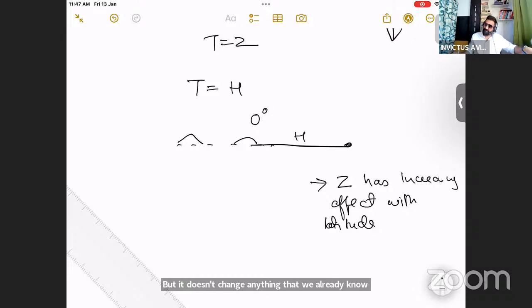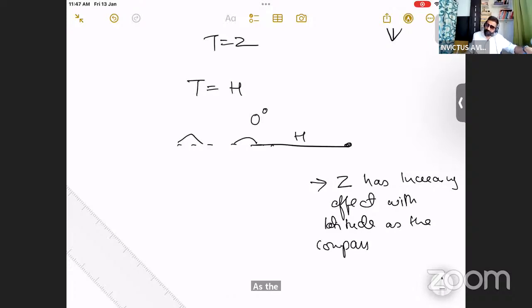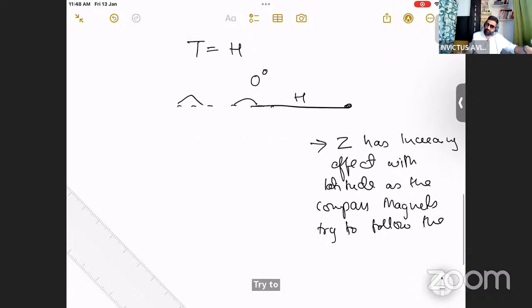Z has increasing effect with latitude as the compass magnets try to follow the Earth's flux lines.